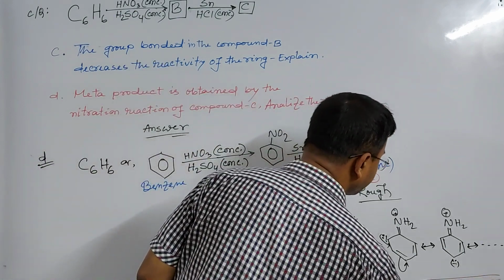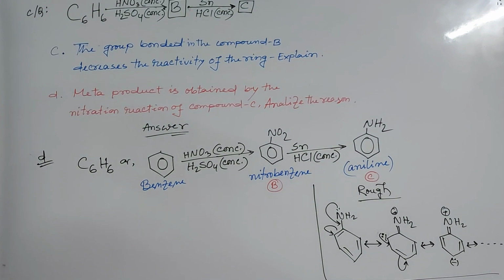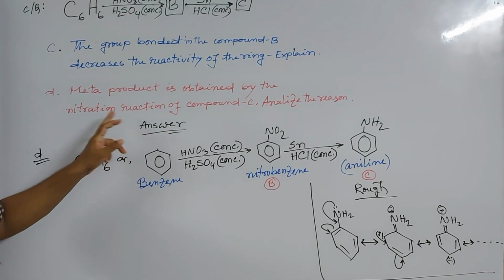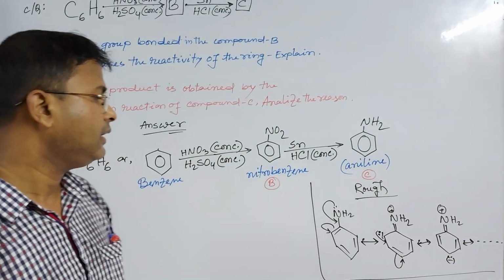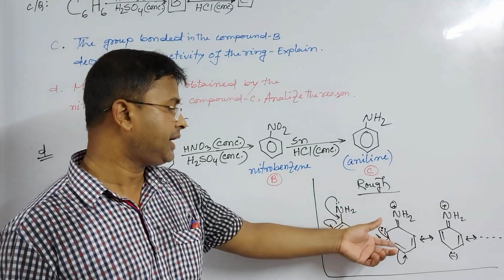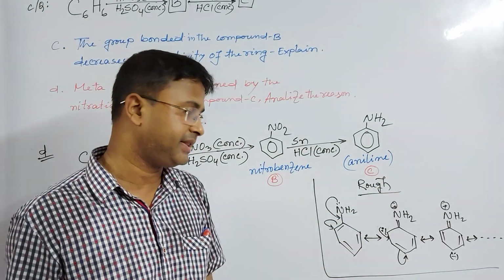Here is my question: why does it not happen? Again, the meta product is obtained by the nitration reaction of compound C. Compound C means aniline. According to the resonance, aniline should give ortho-nitroaniline and para-nitroaniline, but it is not happening.